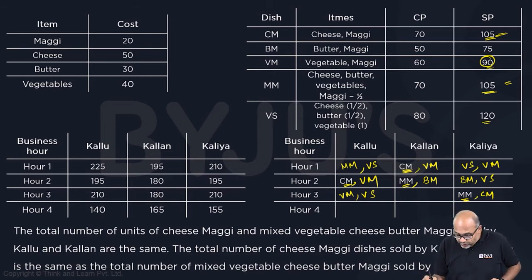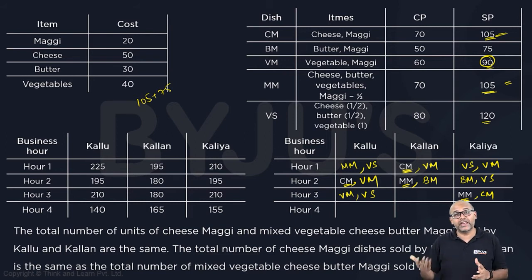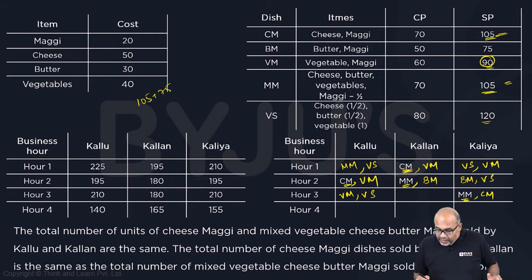So look at this. You're looking at a total of 180. 180 can be 105 plus 75, or it could be 90 plus 90. 90 plus 90 is not possible because you cannot repeat any item twice. So it is only 105 plus 75, or 120 plus, no, it's not possible. 120 plus 60 doesn't exist. 105 plus 75, that's the only possibility.